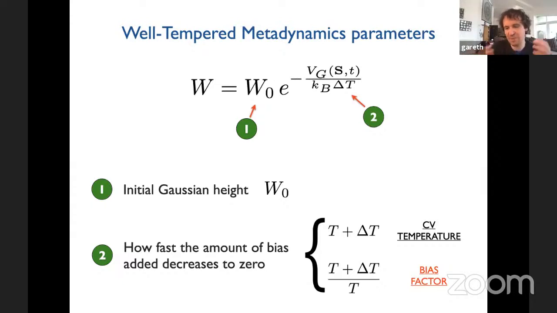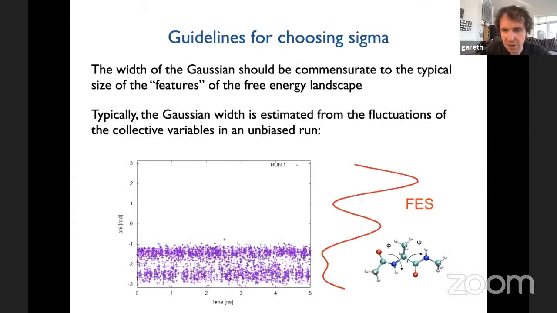Then you're crossing barriers that might be relevant, but you're not crossing barriers that are ludicrously high with this bias. Okay. So that's 2 of the parameters we've decided on. The initial height we can just set to half kT.